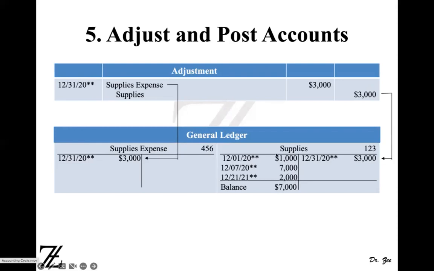So you had a total of $10,000 worth of supplies, from which you used $3,000 worth, which left you a balance of $7,000, right? And the supplies expense account shows that supplies expense is debited by 3,000. So you now have an increase in your expense of $3,000.